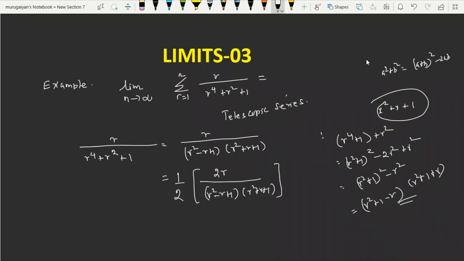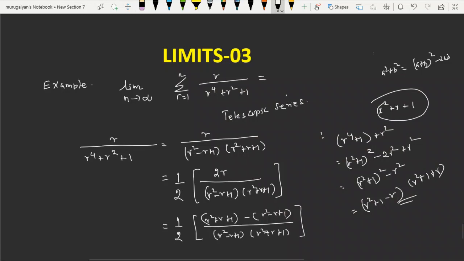The 2r is the difference of the two factors, so 2r will be written as r square plus r plus 1 minus r square minus r plus 1, over the denominator r square minus r plus 1 into r square plus r plus 1.